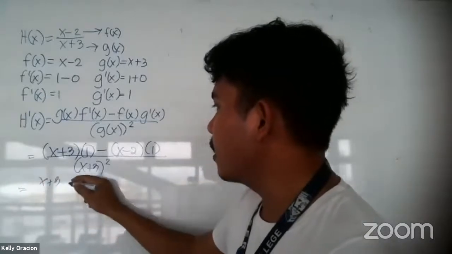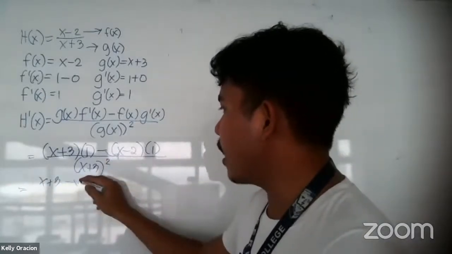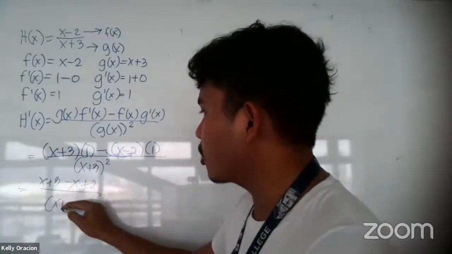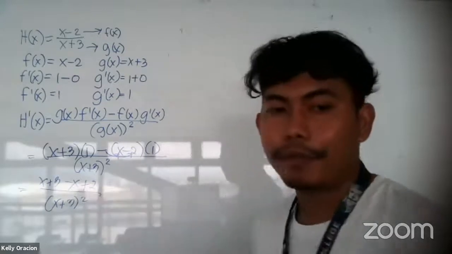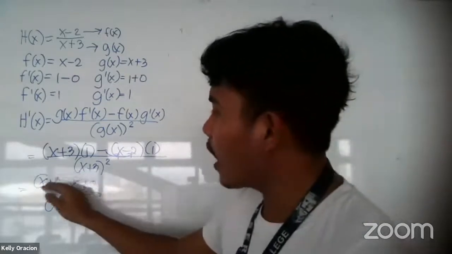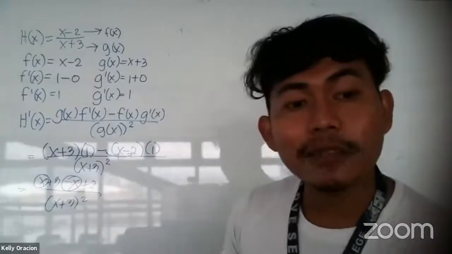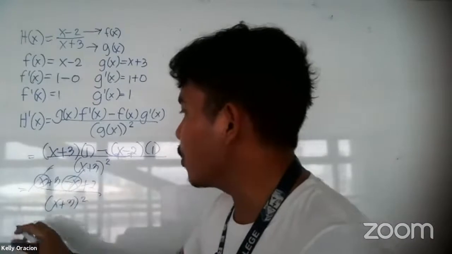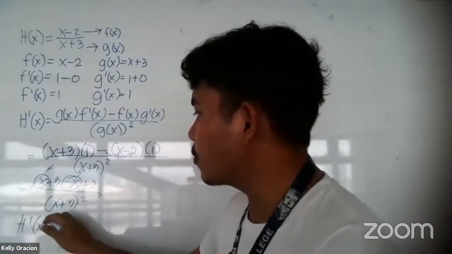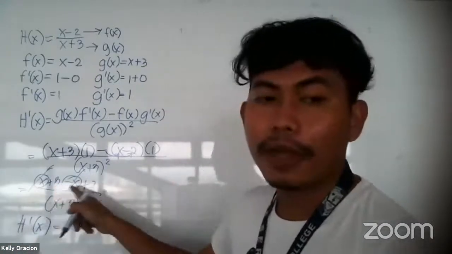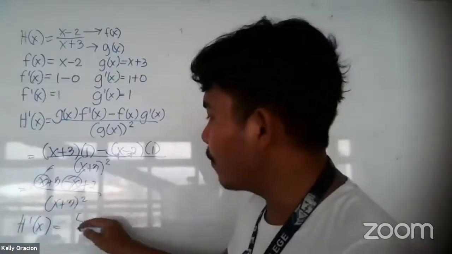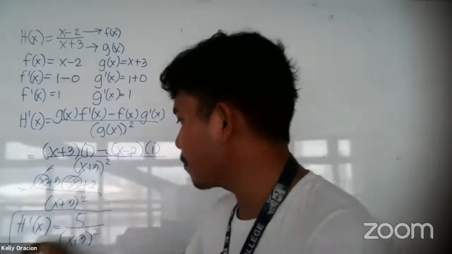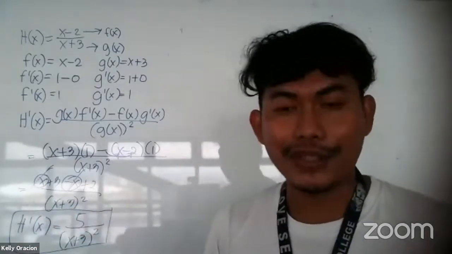X plus 3 distribute minus x plus 2 over x plus 3 squared. And take note, x, negative x minus x, 0. Cancel. So you have the final answer, h prime x is equal to 3 plus 2, 5 over x plus 3 squared. So this is now your final answer.